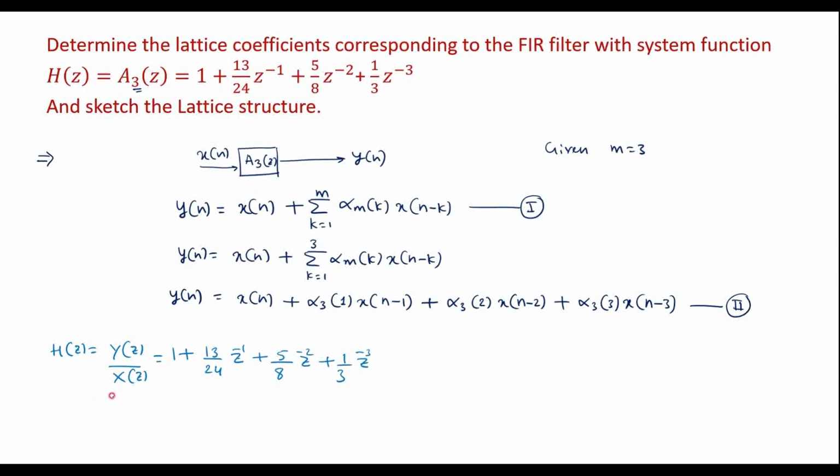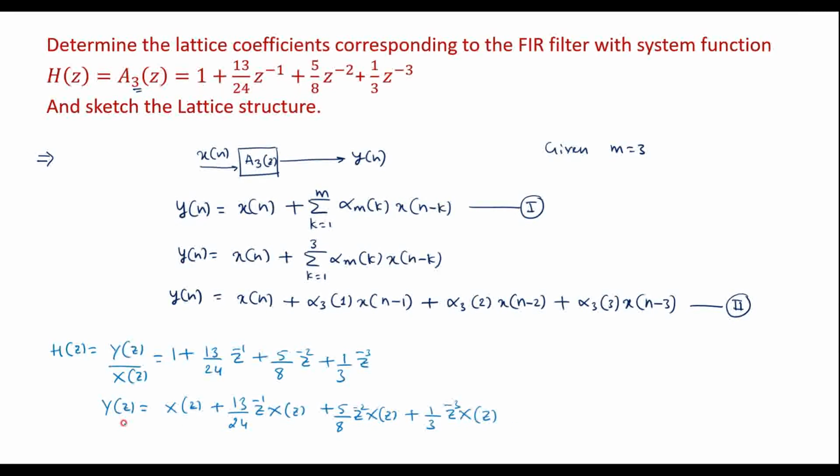Further, I can simplify this by sending X(z) to the other side. Therefore, Y(z) is equal to X(z) into 1 plus 13/24 z inverse X(z) plus 5/8 z power minus 2 X(z) plus 1/3 z power minus 3 X(z).